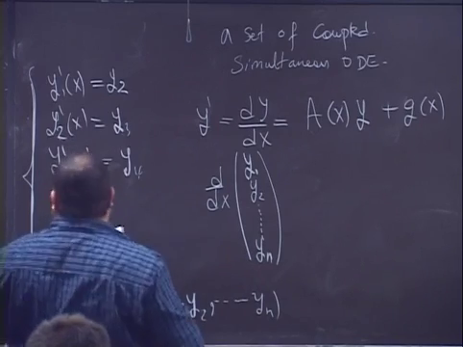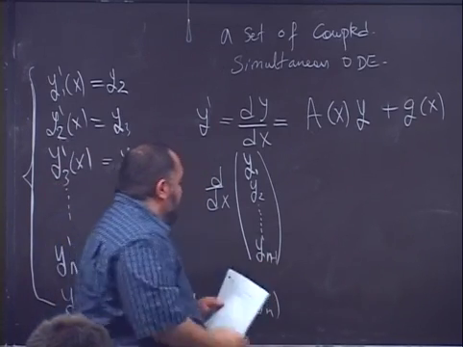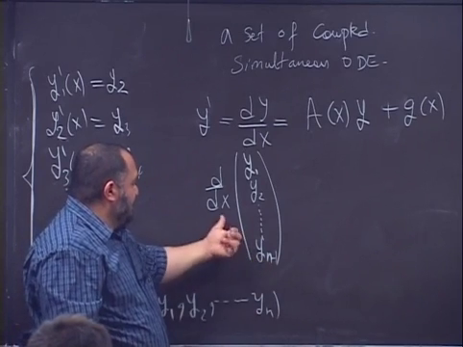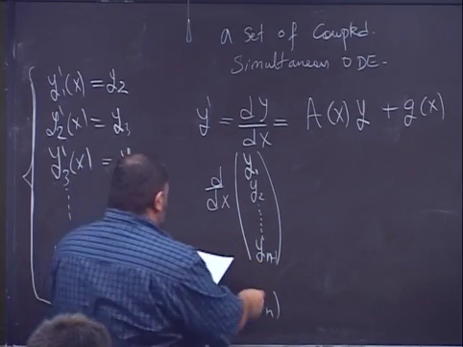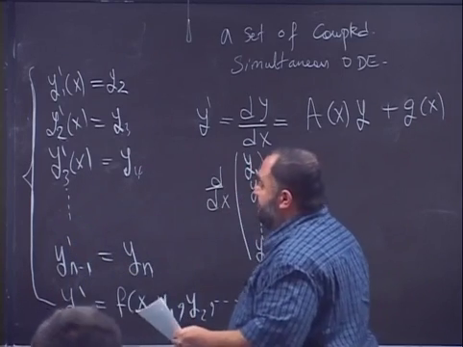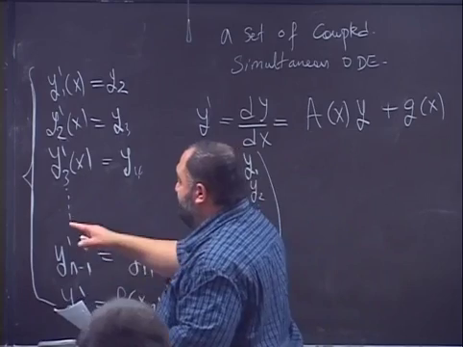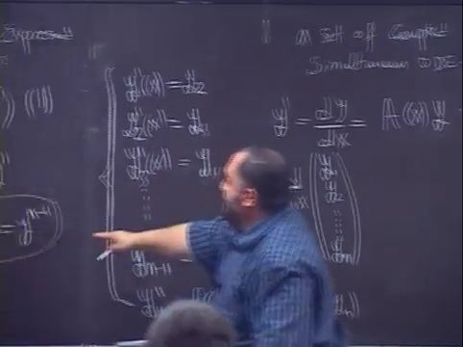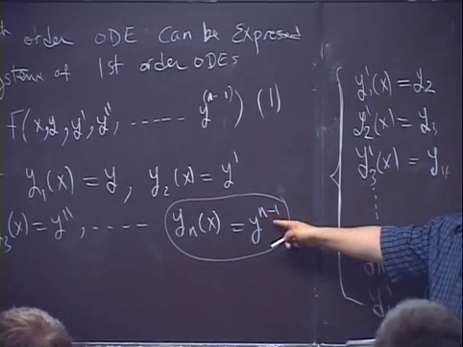We do not have n plus 1, so this should be n minus 1. Because dy n minus 1 by dx will give you what? Or wait, no. This is the definition of y. Where is yn? I define it here. Oh, this is here. Okay. yn is the yn minus 1 for the older equation.